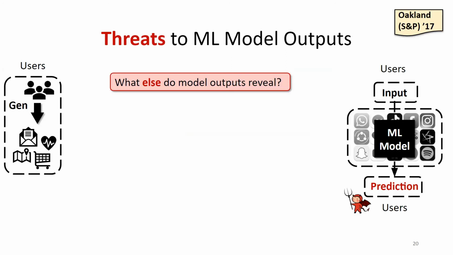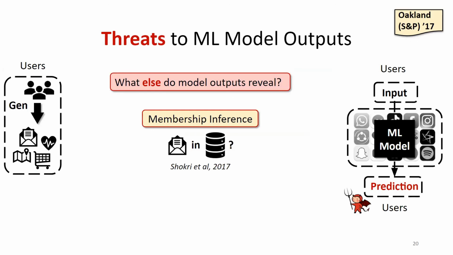For example, an adversary can perform membership inference given access to the model's predictions. Membership information is 1 bit of information that tells you whether a data point is in the training data set or not. Even though it's just 1 bit of information, it could also be sensitive for certain data sets like patients' records.